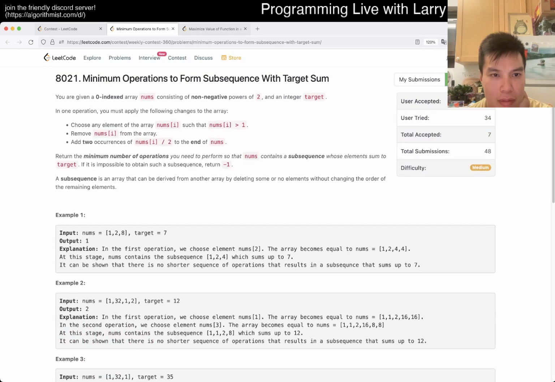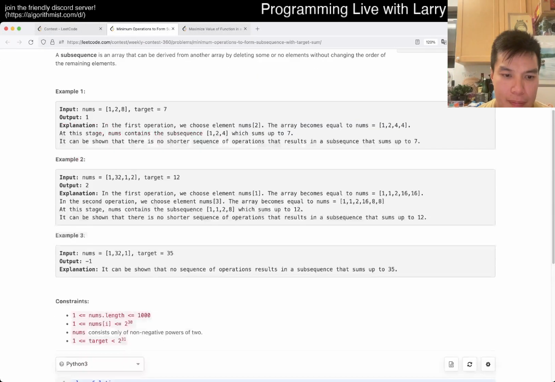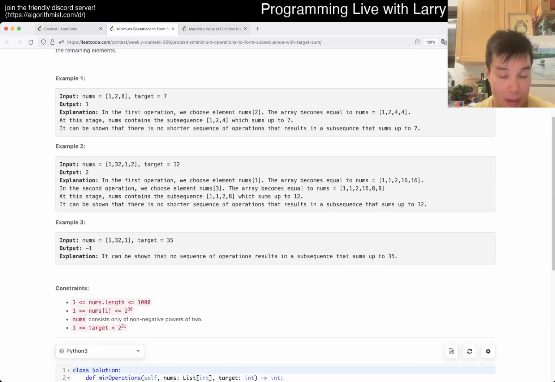No. I don't even think I really understand this problem, to be honest. Do we always want to use numbers if we can get it for free? People are starting to get it. I don't even have an idea.